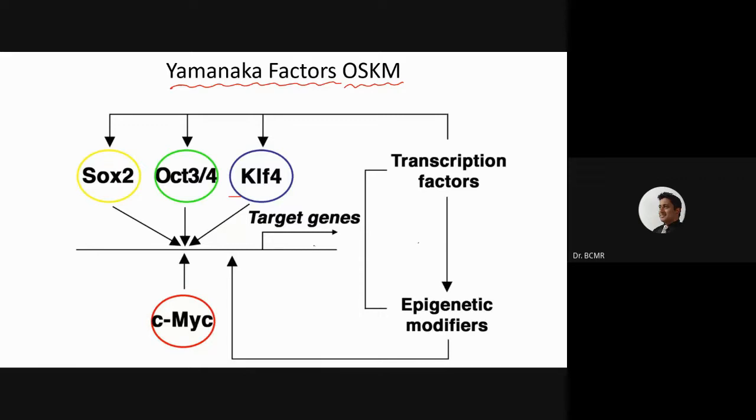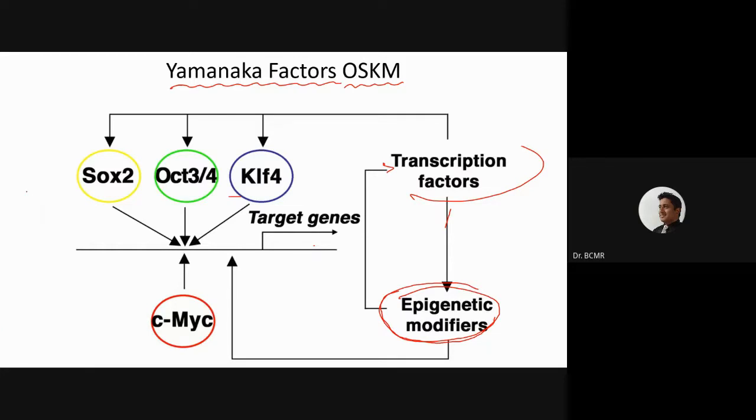The target genes could be other transcription factors or epigenetic modifiers, and a lot of epigenetic modifiers are influenced, which will then induce pluripotency. That is the crux of reprogramming. Please note that there are many other things involved, and if we had to read all the biology, it would become too huge at this time.